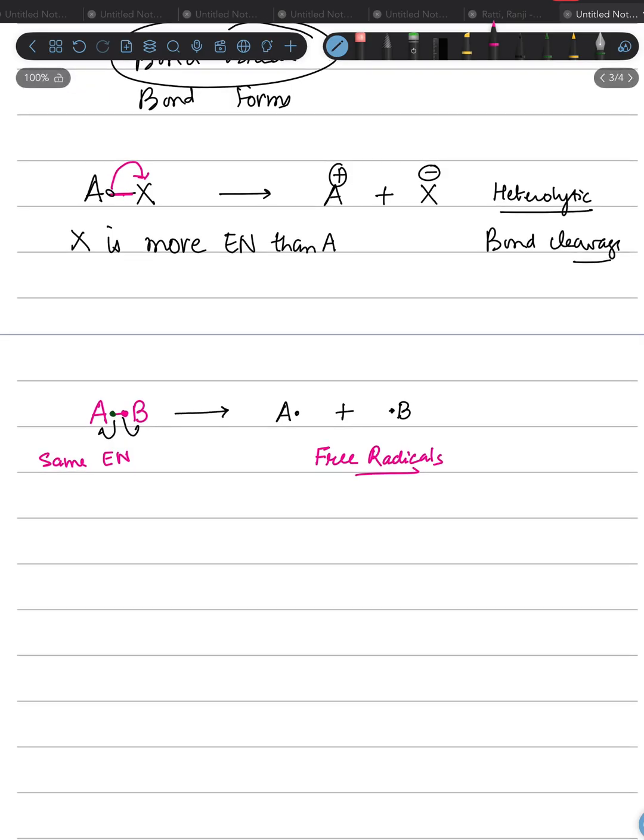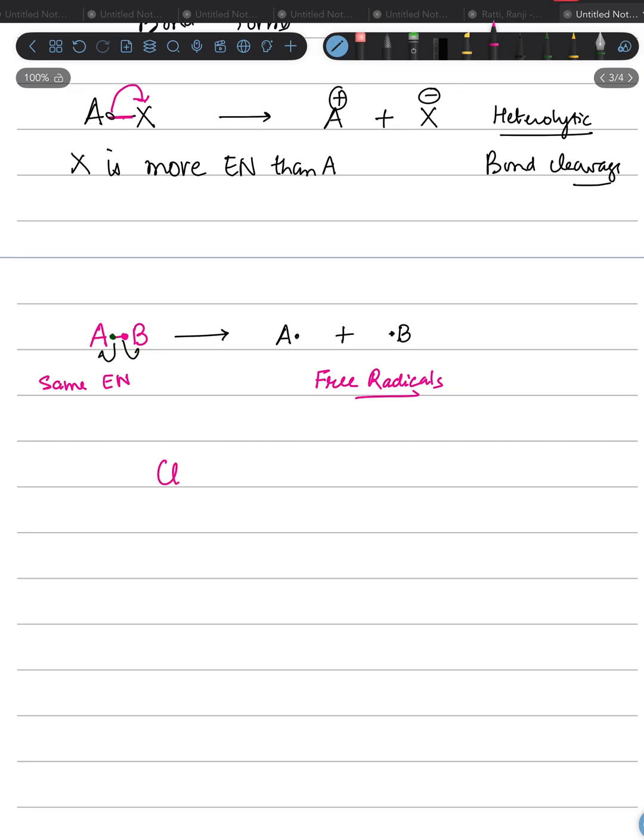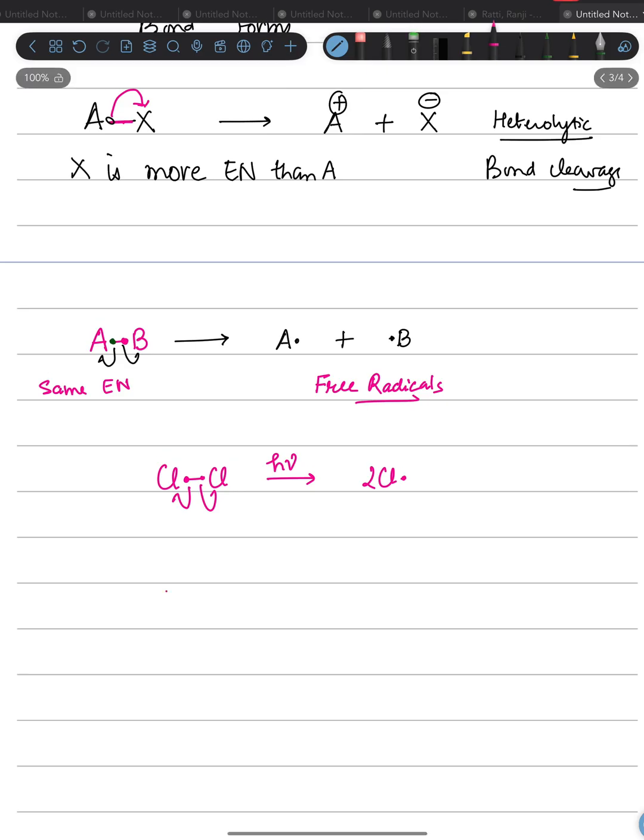Fine. For example, if you irradiate a molecule of chlorine with light of suitable frequency, what would happen? You will get two chlorine free radicals. The important thing to notice is what type of arrows I'm using. I am using an arrow like this, which is called a half-headed arrow or a fish-hook arrow, right?